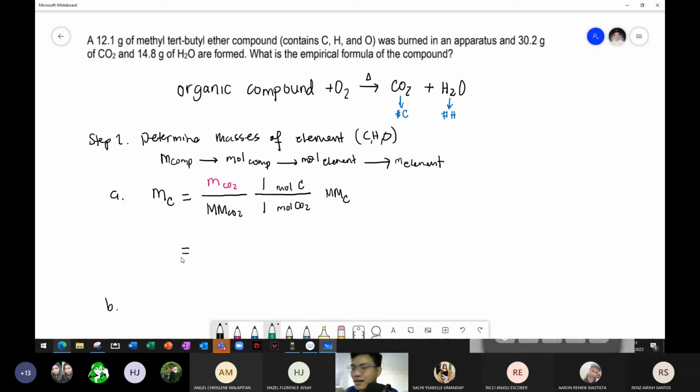Magkakamali ka lang kapag nagkamali ka ng conversion ng mass. Kunwari, milligram yung given, tapos inisip mo, ay grams yan. So, hindi mo kinonvert. So, mamamali ka, to be honest. Pero kapag grams naman yung given, you can directly calculate it.